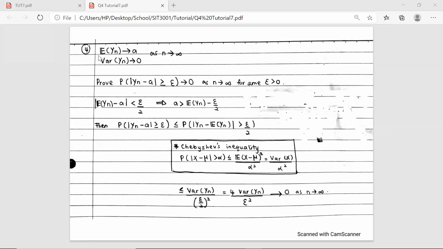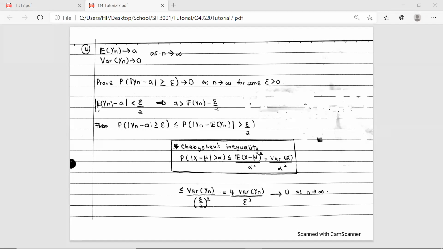So the question gives us that the expectation of yn approaches a and the variance of yn approaches 0 as n goes to infinity. And then the question asks to prove that the probability of yn minus a more than or equal to epsilon approaches 0 as n goes to infinity, for some epsilon more than 0.